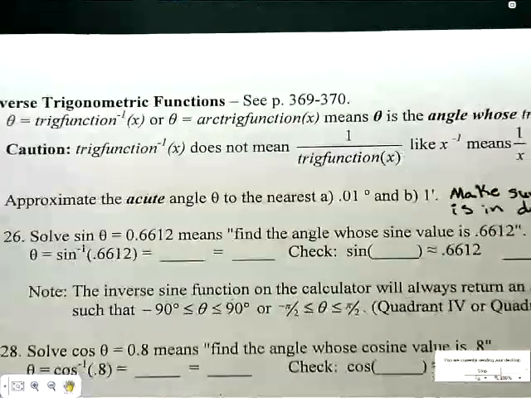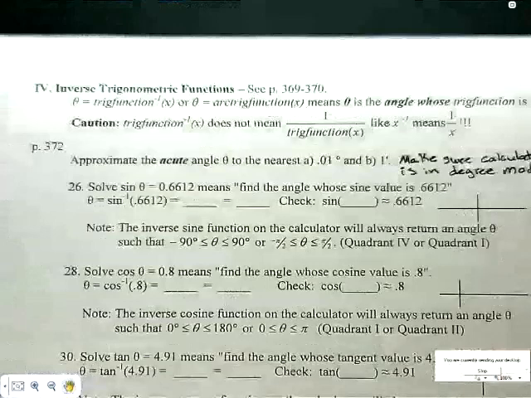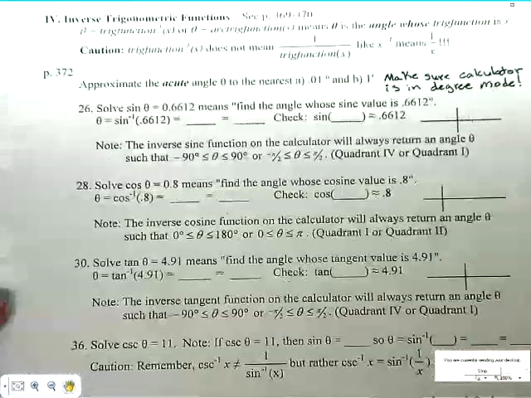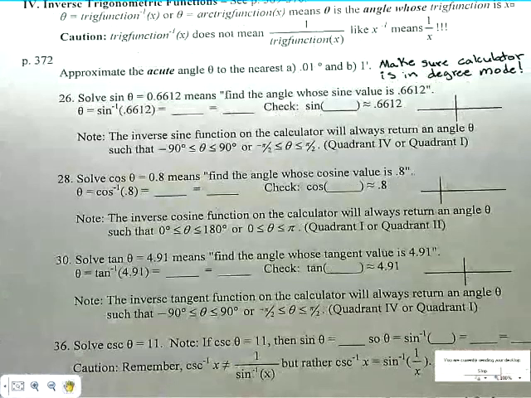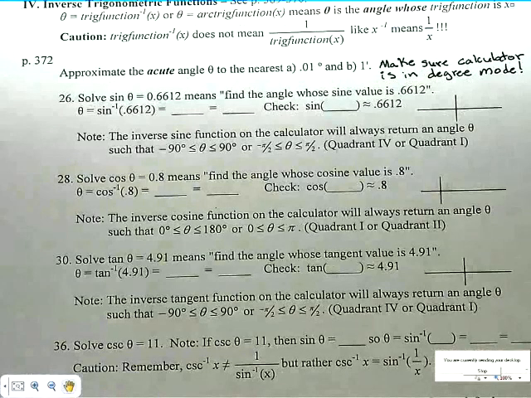If the directions tell me that I want to approximate the angle to the nearest degrees or minutes or seconds, then I'm going to make sure the calculator's in degree mode. If I want the calculator to give me the angle in terms of radians, then I have to make sure my calculator's in radian mode. It will give me an answer in whatever mode that I have it in.